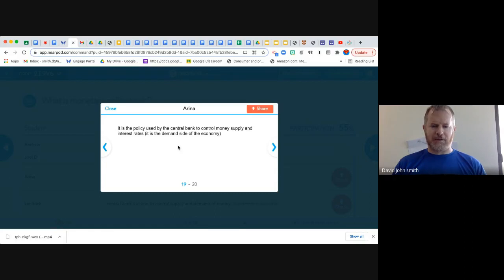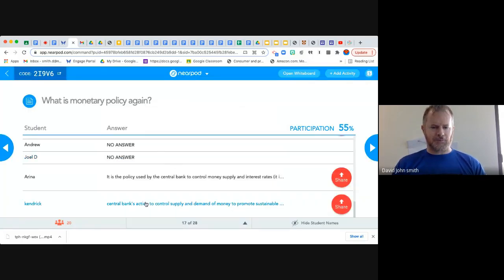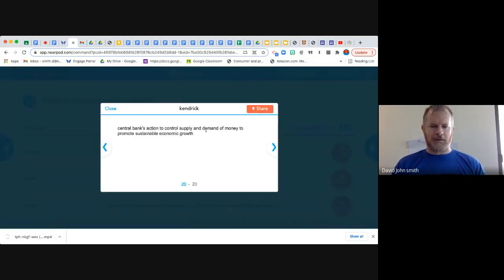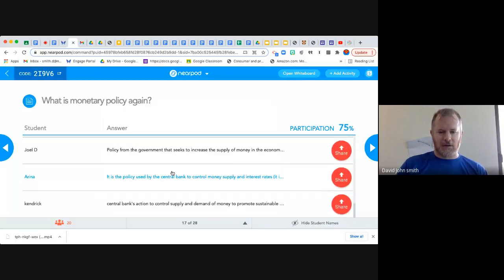Yes, Serena, that's absolutely right. In order to. So you'd add a little bit there of in order to. It's not necessarily about the demand of money, Kendrick. But yes, definitely supply of money. The influence on the interest rates as well. Yes, about promoting sustainable economic growth and or other economic objectives. Good.